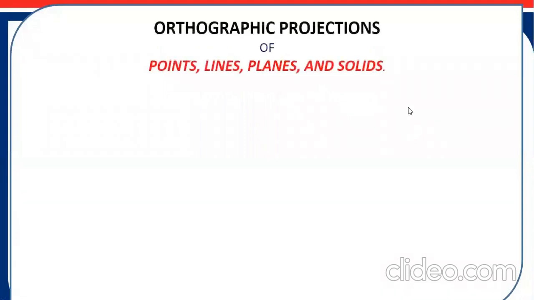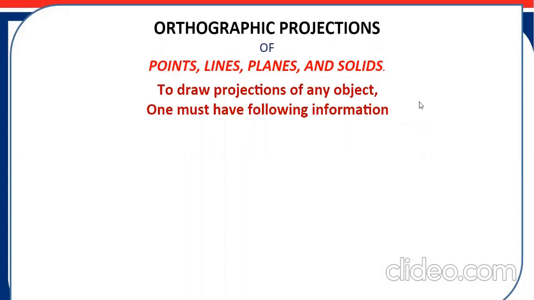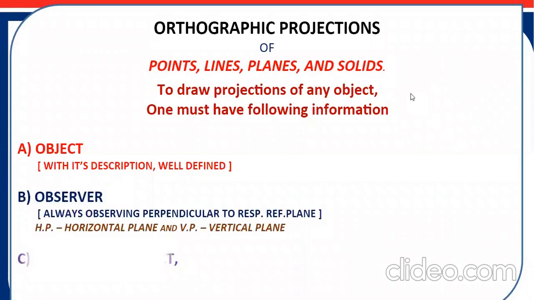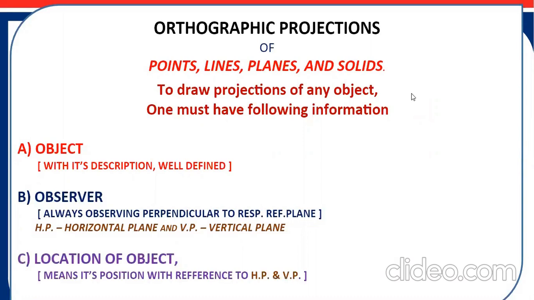Today's topic is orthographic projection of points. Before starting orthographic projections, we must know about the object, observer, and the location of the object. The object should be well defined, with its description.